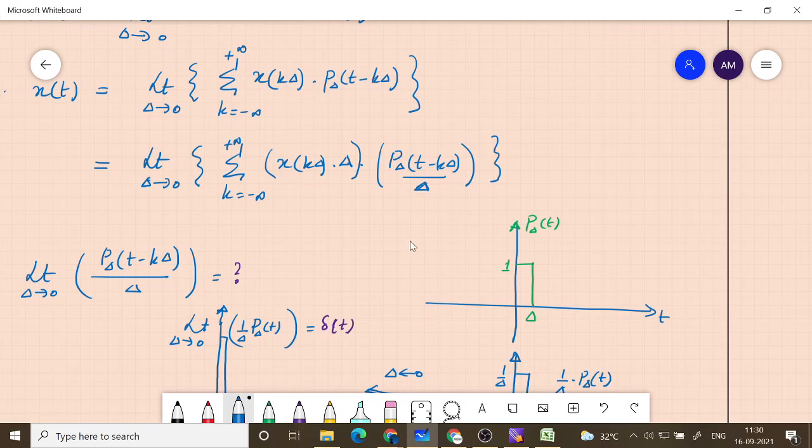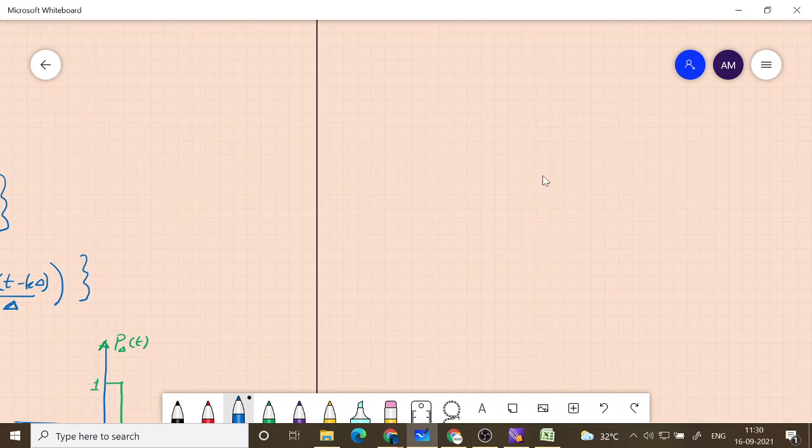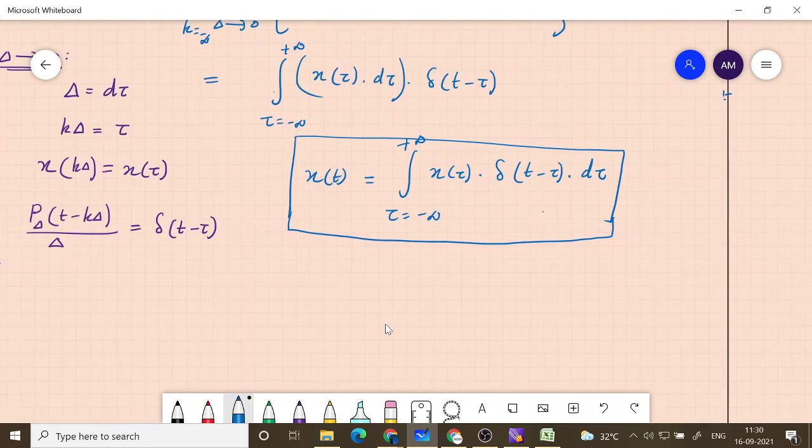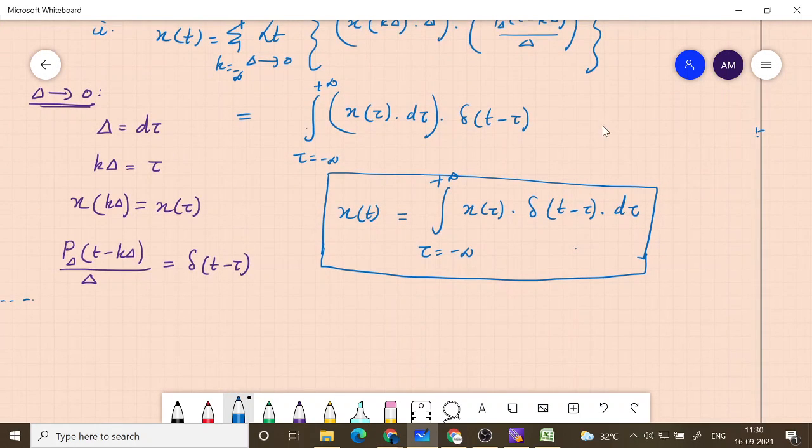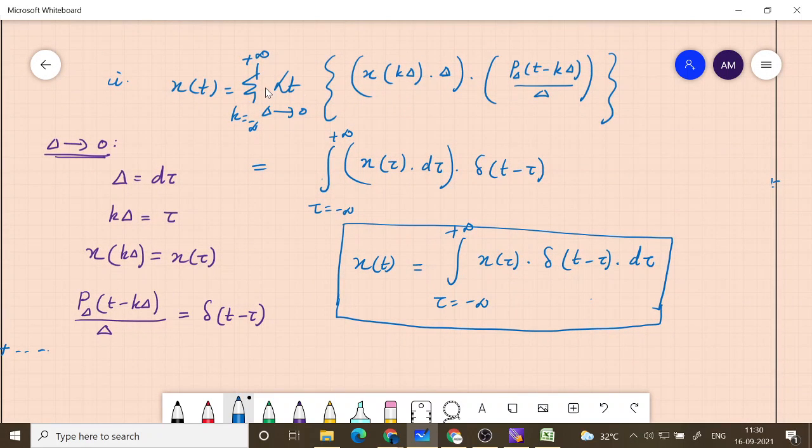And when you took the limit delta goes to 0, delta being the width of the slice, in the limit we got this integration. Summation is basically integration. We are adding up the area of each slice.